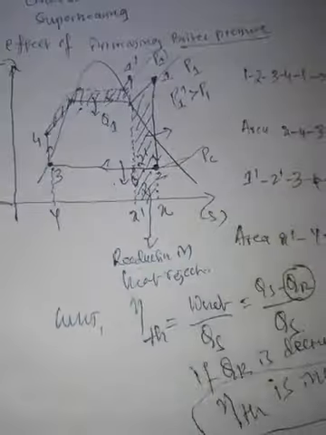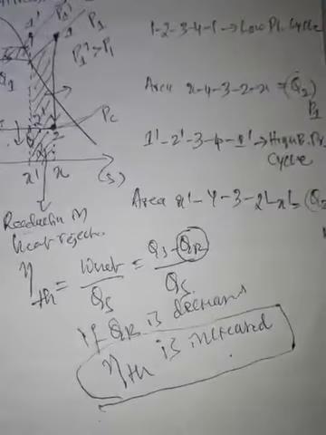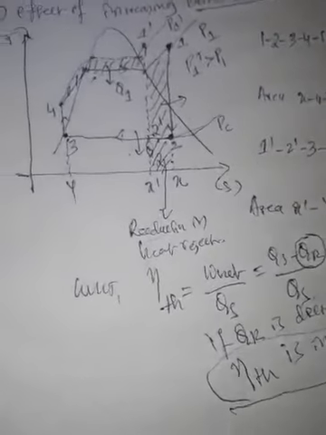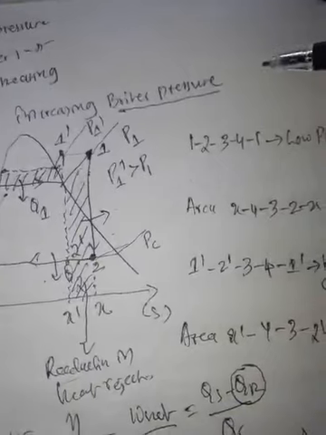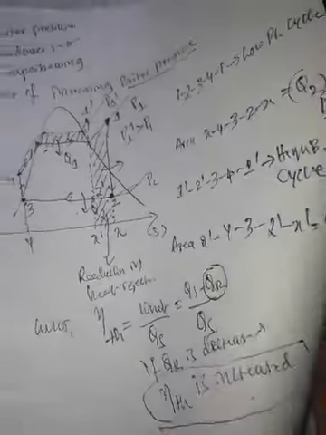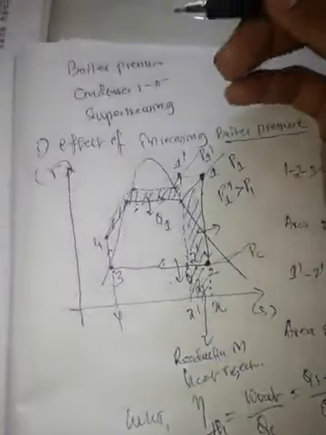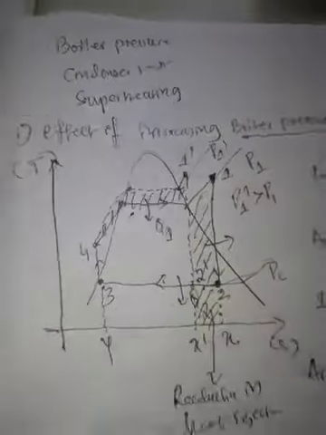So there is no much difference in the net work developed. So this was all about the effect of increasing the boiler pressure. Friends, let's go for second point, that is effect of condenser pressure.